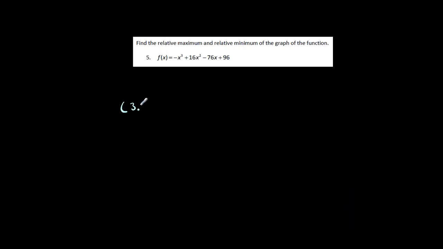And that's to the left of it. That's to the right of it, and then guess. So 3.57 comma negative 16.9. This was the relative minimum.